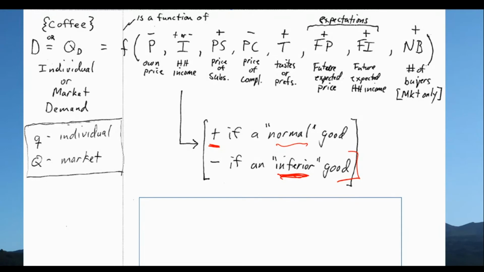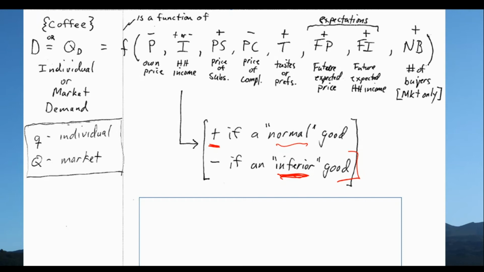They don't really like the craft beer. So when their income goes up, they buy more cheap beer. So for that individual, the product will be a normal good. But that same product for another person might be an inferior good. Those kinds of differences can exist in the real world, and we should recognize that.